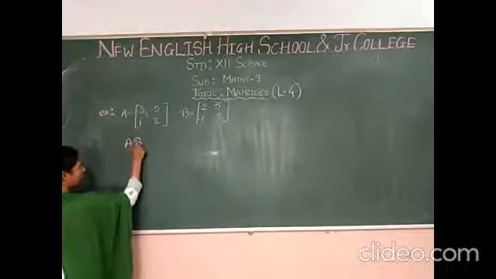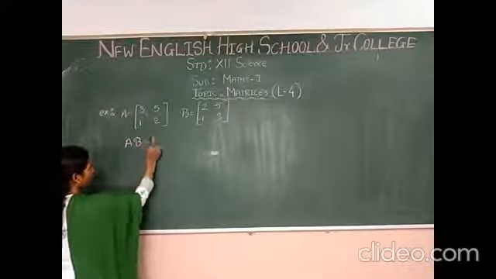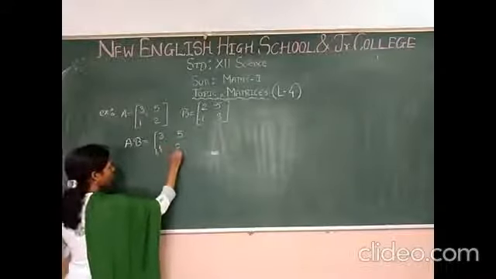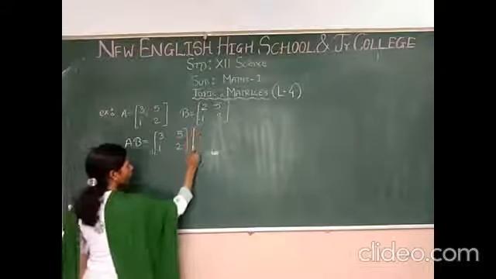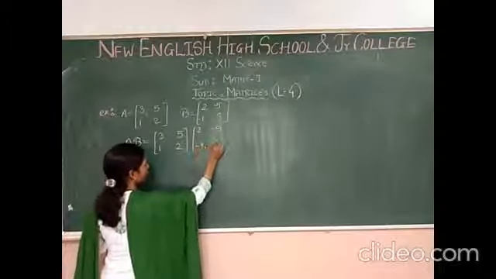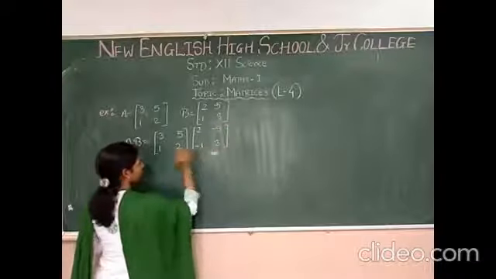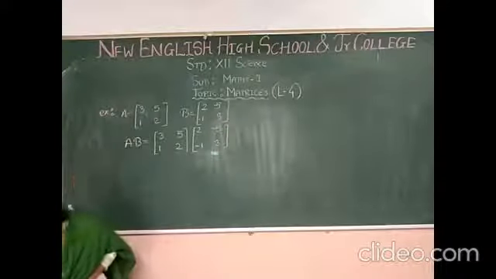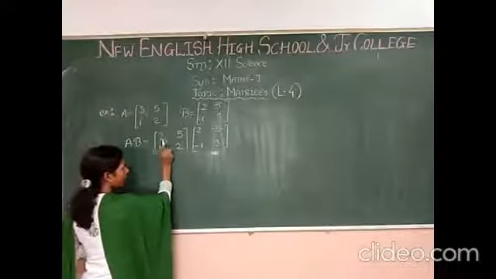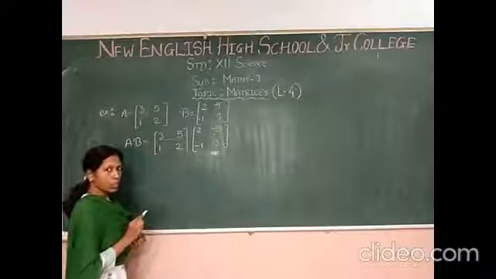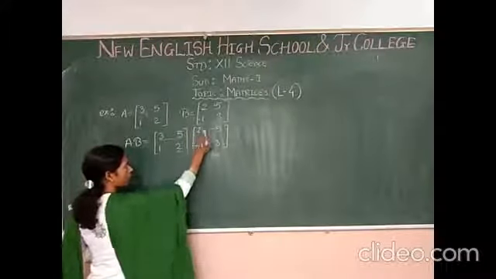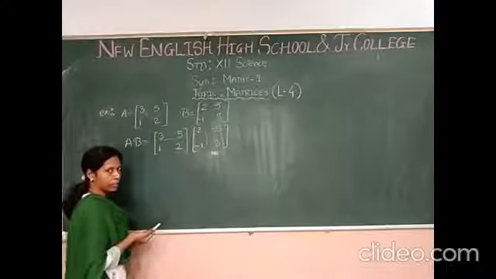First I will find A into B, which equals 3, 5, 1, 2 into 2, minus 5, minus 1, 3. Let us multiply these two matrices. You know how to do multiplication. First we multiply the first row of the first matrix with the first column of the second matrix.